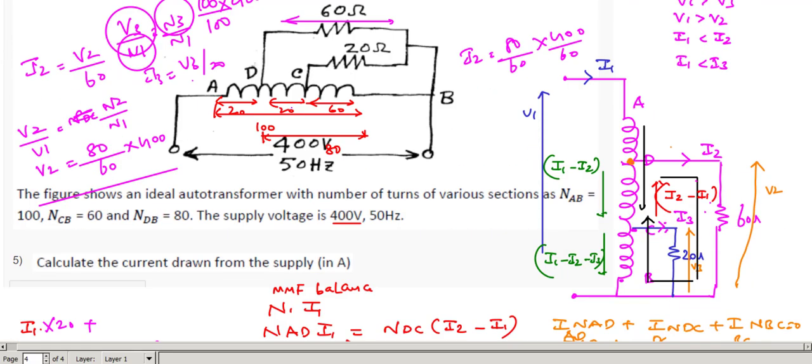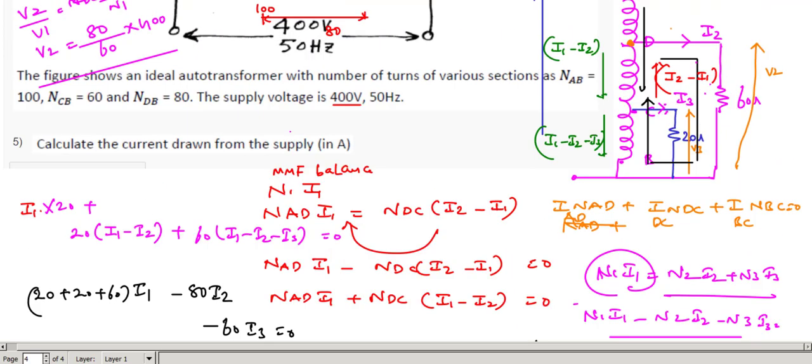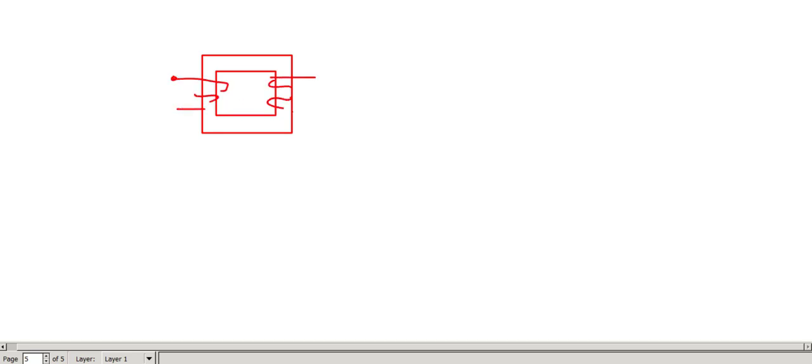Hope you understand that. If you are familiar with it, simply it is a single phase transformer having 3 windings. Suppose I have a supply voltage V1 and I1, it produces a flux.